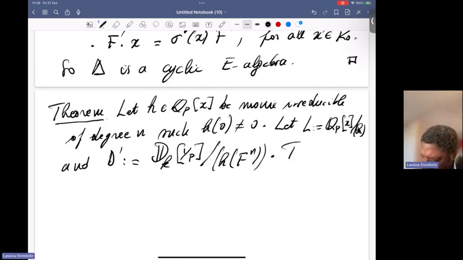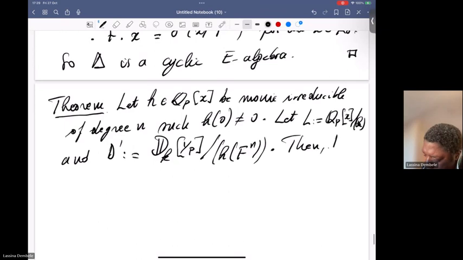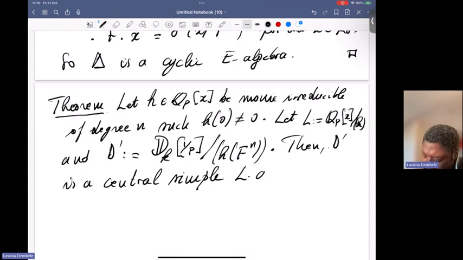And then the theorem says that D prime is a central simple L algebra.